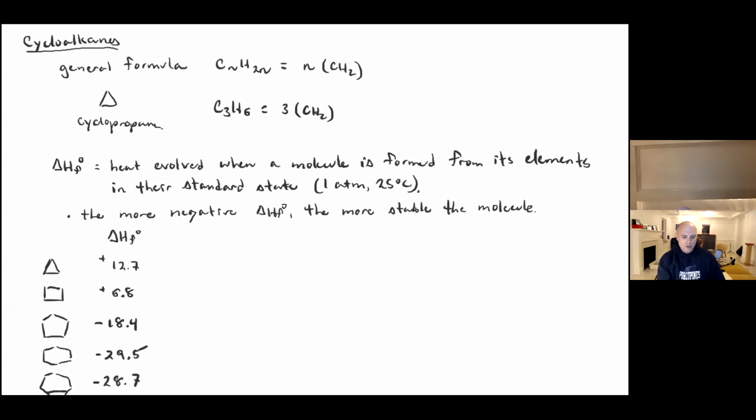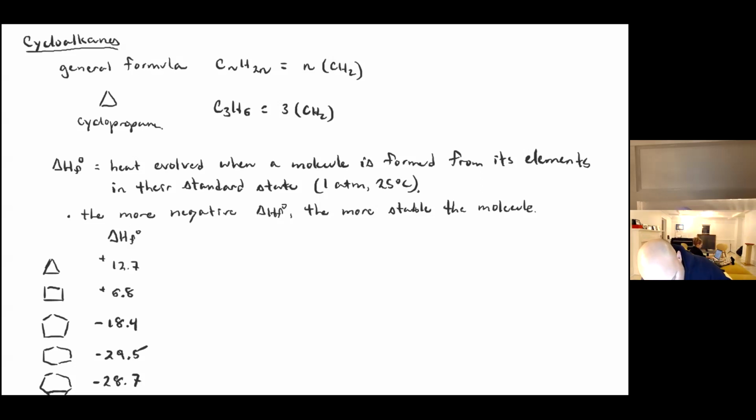Okay. And so you can't really compare heats of formation between molecules that have different formulas. It's apples and oranges. So in order to compare the stabilities of these molecules, we're going to divide these heats of formation by the number of CH2 groups in the molecule.